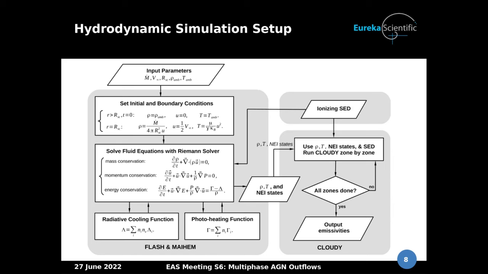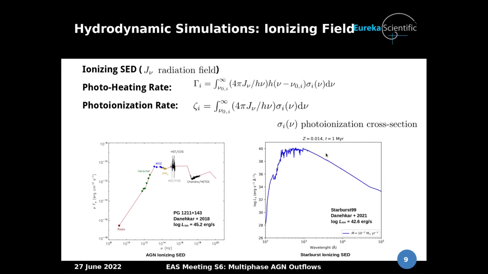And we set the initial condition and boundary condition based on the analytic solution. Another important input is the ionizing SED, because we use it for the photoheating rate and also photoionization rates. These are calculated using photoionization cross sections.